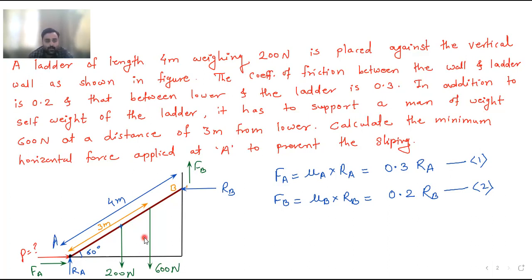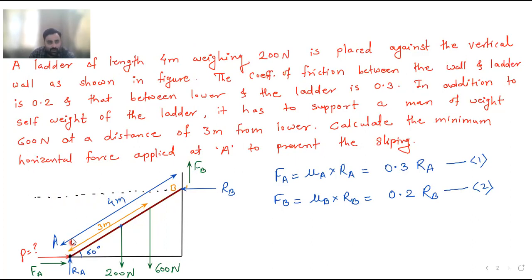Then again here this force RB. This is the distance of RB from this point A. If I extend the line of action of RB, you can see this is the line of action of RB.